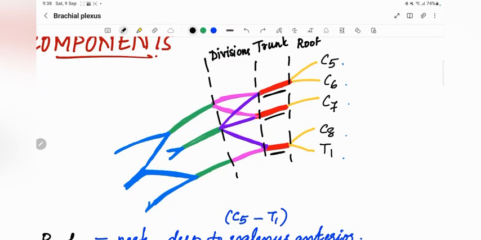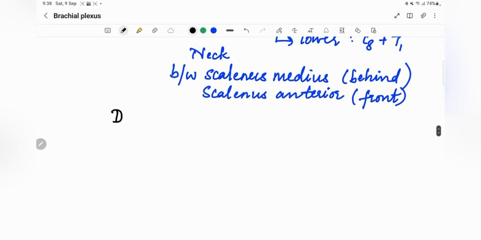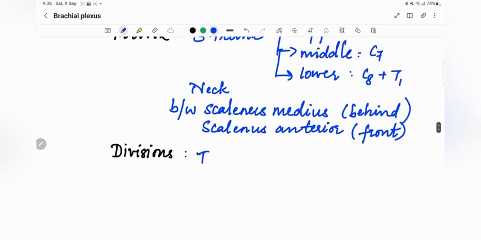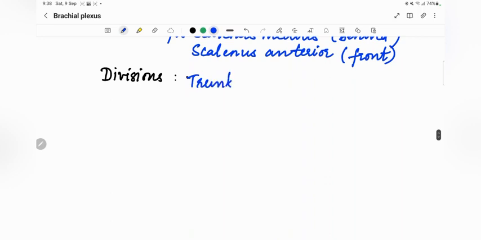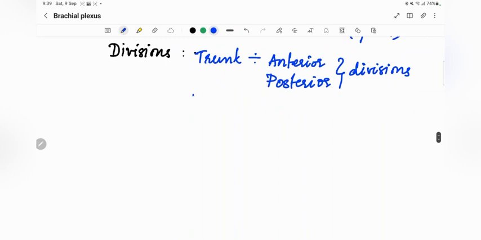So each trunk divides into one anterior and one posterior division. And all the divisions lie behind the clavicle.